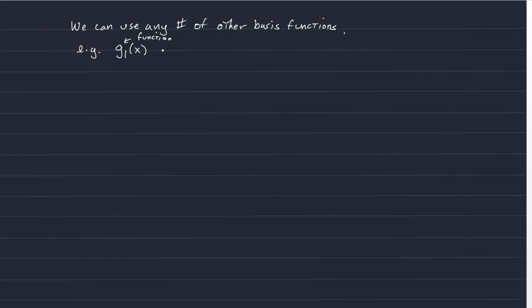Our first function of x we could call a constant, just like our original case. Our second was a line. And let's look at a third basis function being x squared, and a fourth being x cubed.